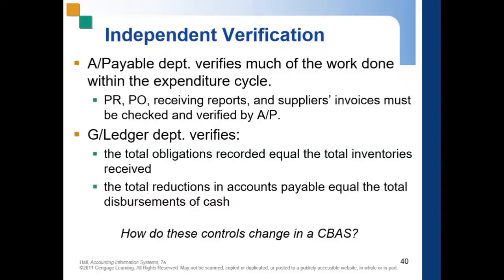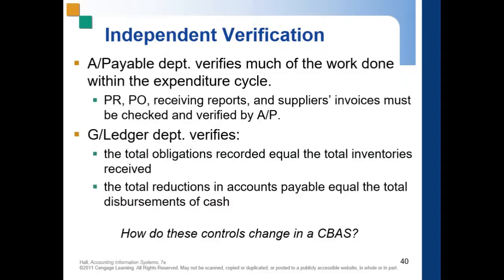So the first one is the information the general ledger got from the inventory control, the inventory summary, and then the other one is the AP summary report received from the accounts payable department. So the general ledger, as you can see here, deals with your total obligations against your total inventories, and your total reductions against your total disbursements.